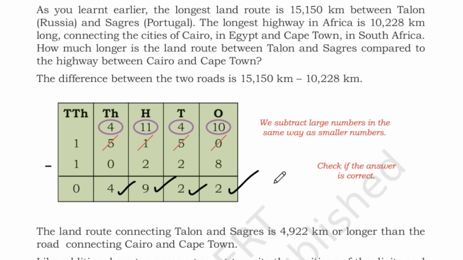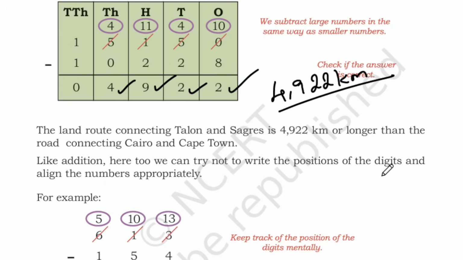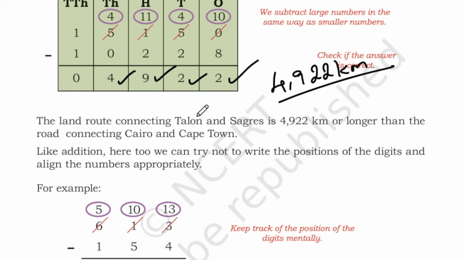So how much we got now? 4,922 kilometers. Okay. Next. The land route connecting Talgun and Sagres is 4,920 kilometers or longer than road connecting.